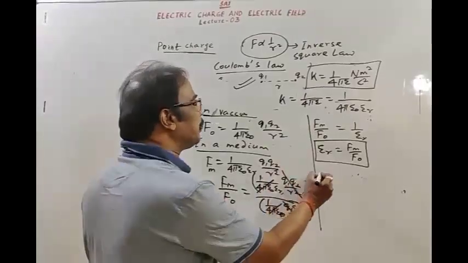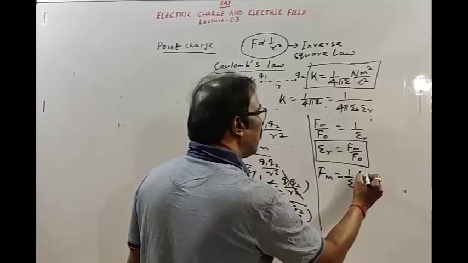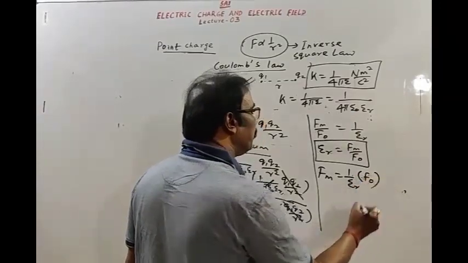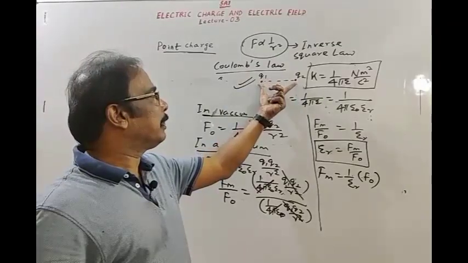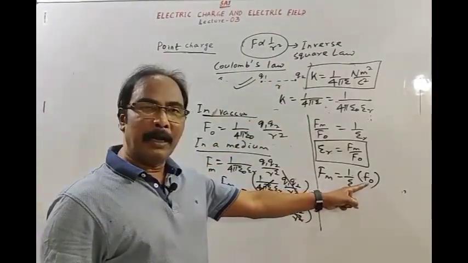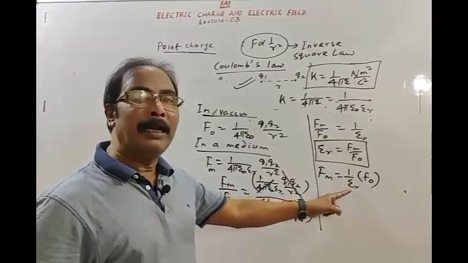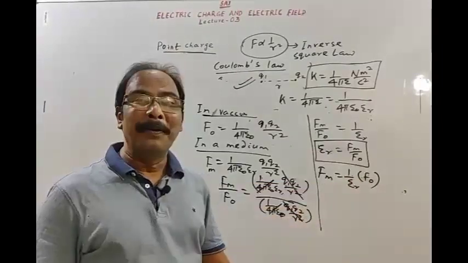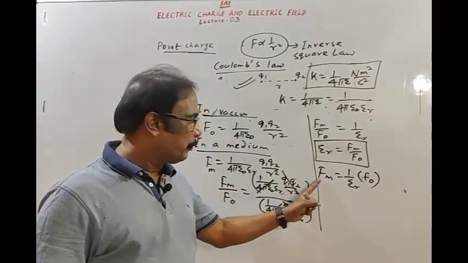So as we observe, force in medium is 1 by epsilon R times force in vacuum. So obviously, if these are two charges kept at a fixed distance R, experiences a force F naught in vacuum and experiences a force 1 divided by epsilon R into force in vacuum, that is equal to force in medium.